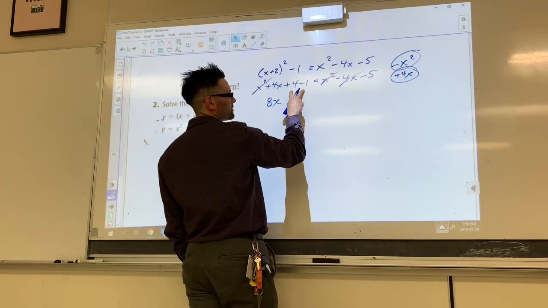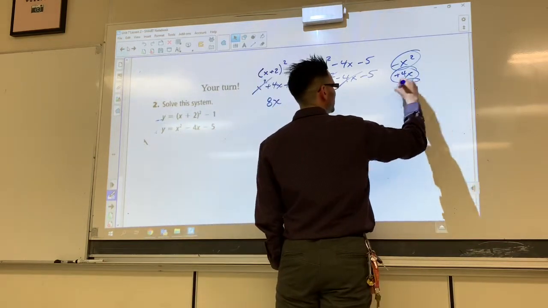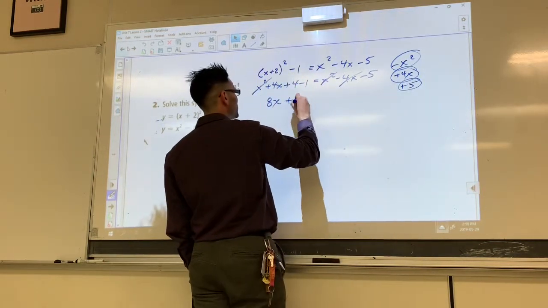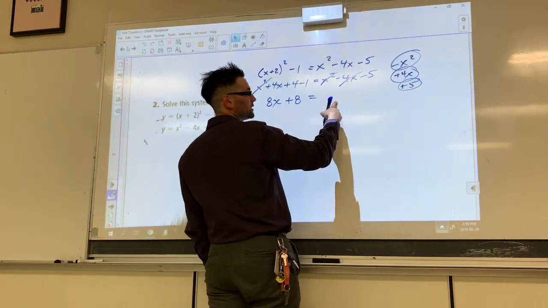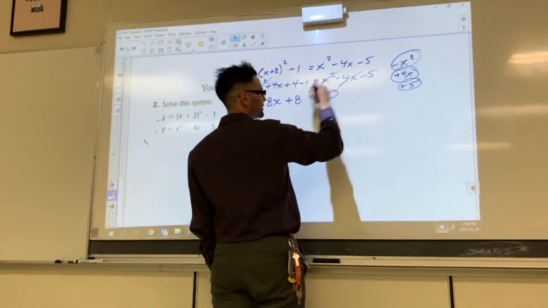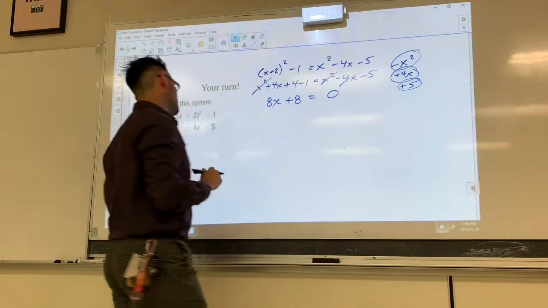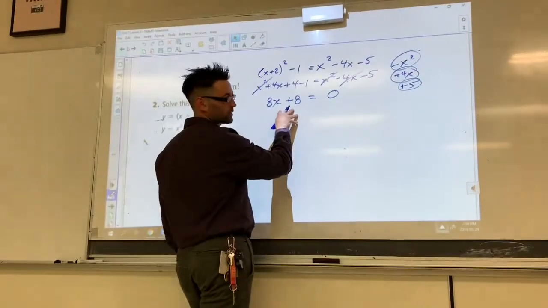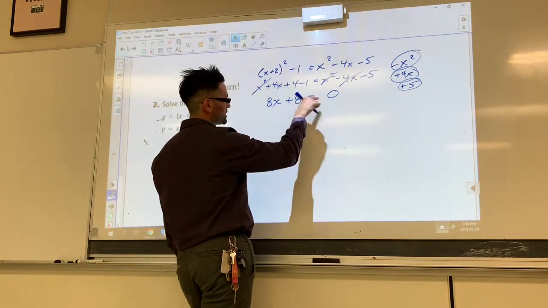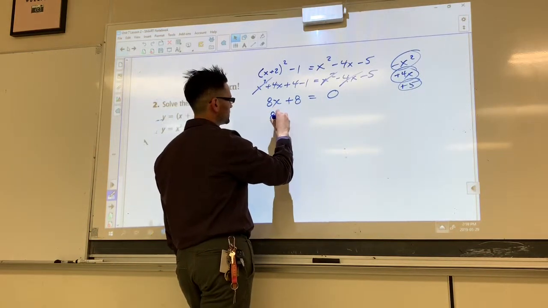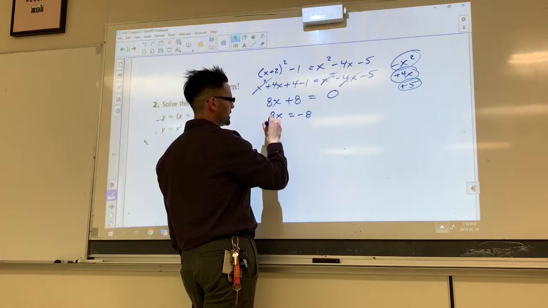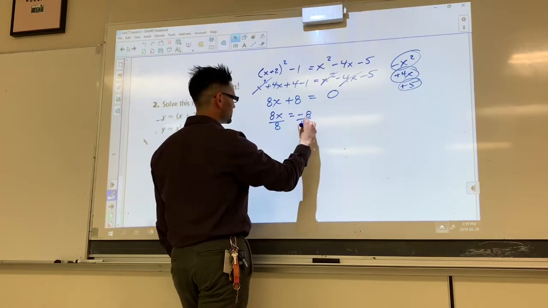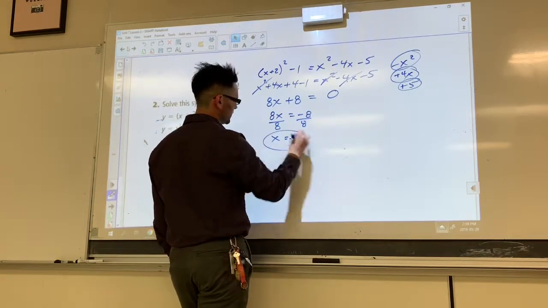Here you get positive 3, and then you're going to add 5, so you get plus 8. And what's it equal to? 0, right? We removed everything from that side. From here, you can do lots of things, but I'm going to subtract 8 from both sides, and then divide both sides by 8. So you get x equals negative 1.